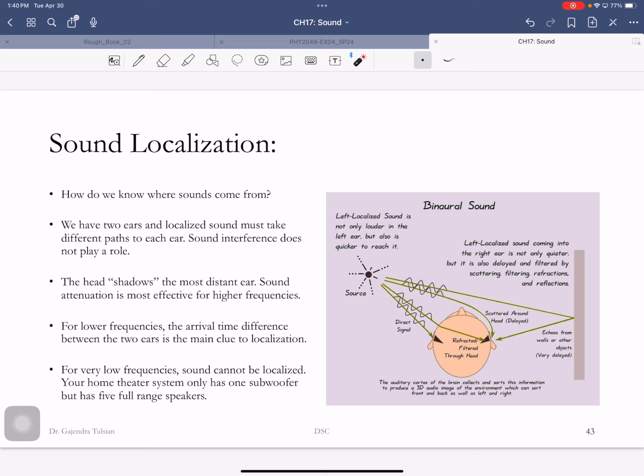It turns out that you guys have subwoofers in your homes and stuff like that. Okay, so the speed of sound is frequency times wavelength. And by the way, you can locate a source only within a distance roughly the wavelength.